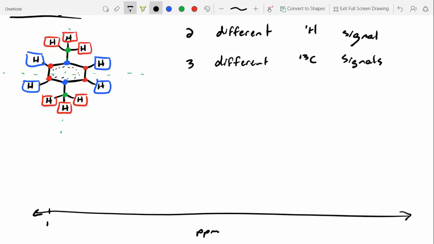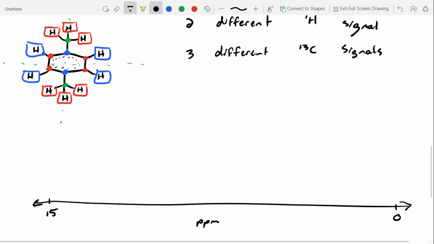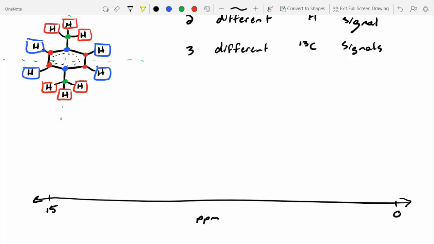The scale goes typically from about 15 to 0 for proton NMR. And in this case, we should expect 2 signals. So if we look at this compound via NMR, we might predict a signal right around here, and we might observe another one maybe down here.